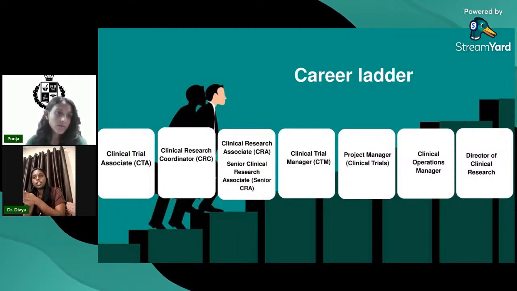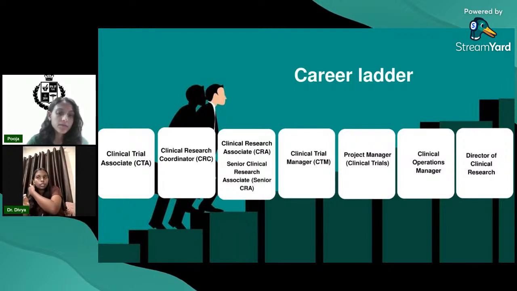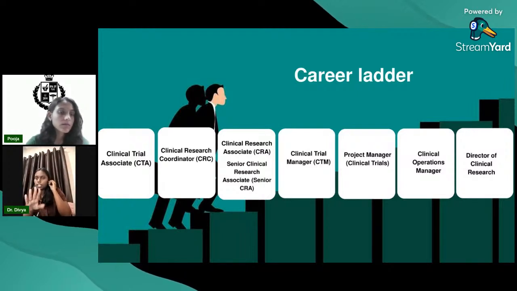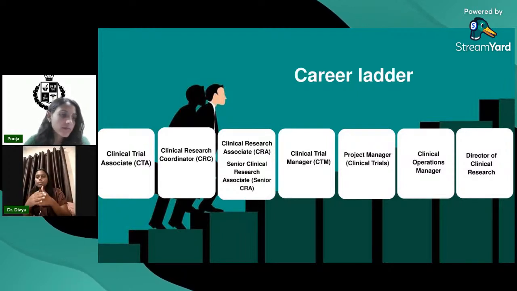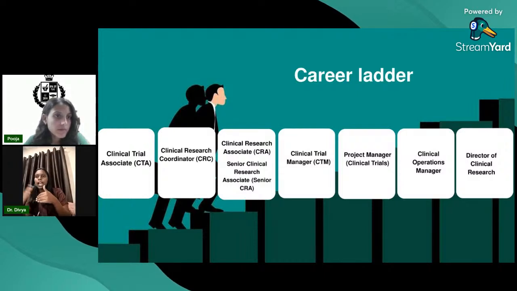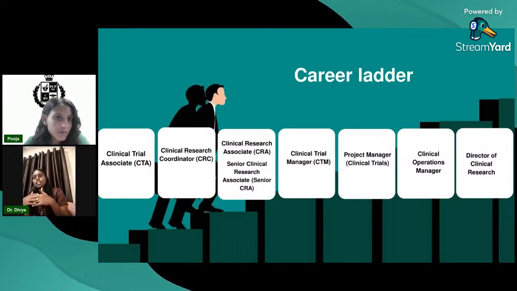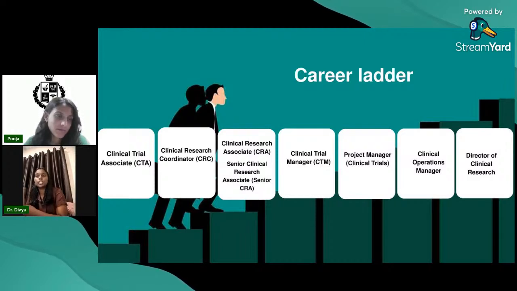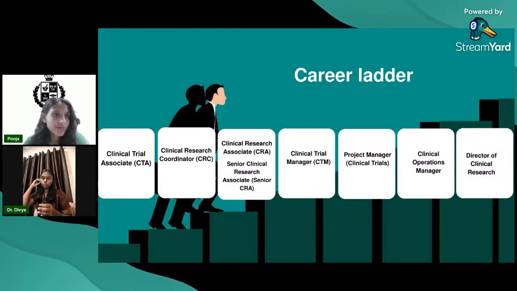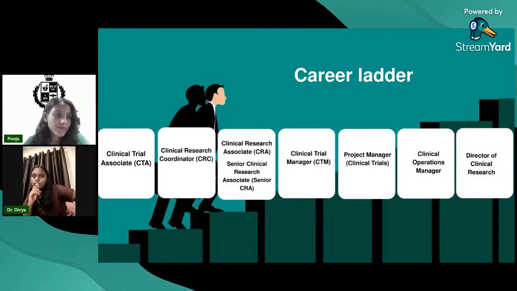A clinical trial associate looks after administrative work, and a clinical research coordinator looks after administrative work along with the clinical work, that is recruitment, data collection, and everything. Then the hierarchy goes on: senior clinical research associate, clinical trial manager, project manager, then clinical operation manager, and lastly, you can be a director of clinical research. So this will be your career graph if you follow this field.